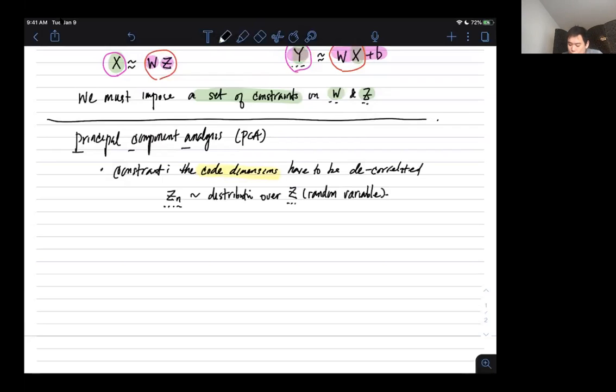And when I say code dimension, first, remember that this Zn, a sample from this code distribution, is D prime dimensional. What it means is that there's going to be Zn1, Zn2, all the way to Zn d prime. That is, there are d prime dimensions in this code vector or code sample Zn, and a code dimension corresponds to one of these d prime many dimensions.